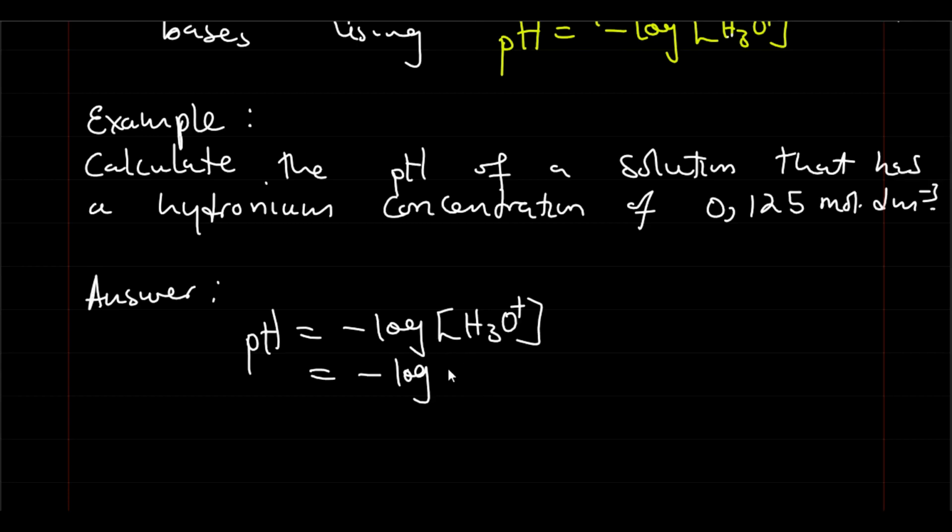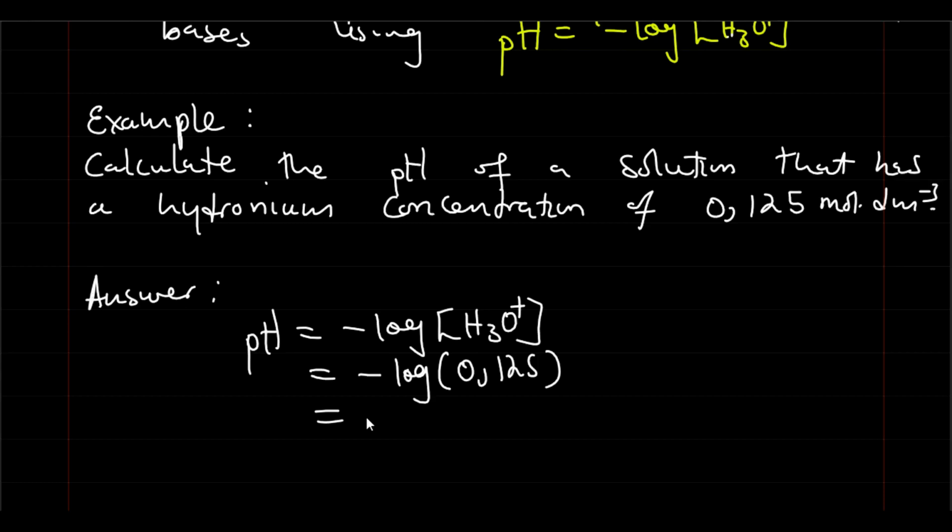So inside the log you will substitute the 0,125. Okay, and then you proceed to press your calculator. I'm pressing mine. Unfortunately I cannot share it on the screen. So negative log of 0,125, and then you close the brackets.